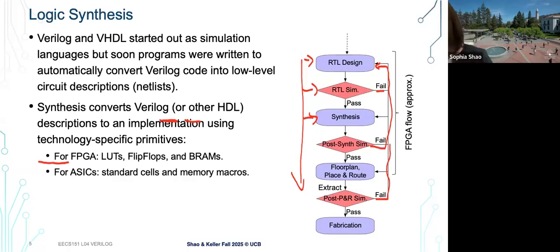After synthesis, if it's functional, you do place and route of your circuit onto the hardware and factor in much more realistic delay and area components. And if everything passes, you get to fabrication. So that's the modular flow of the industry that you can always reuse for different components of the design.